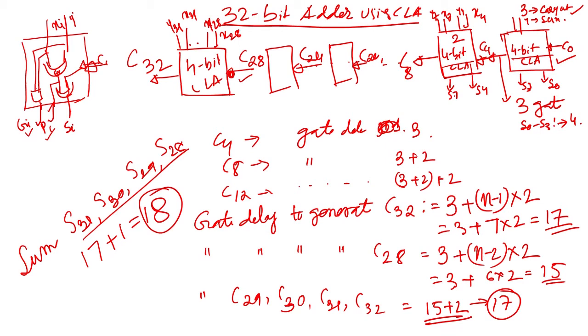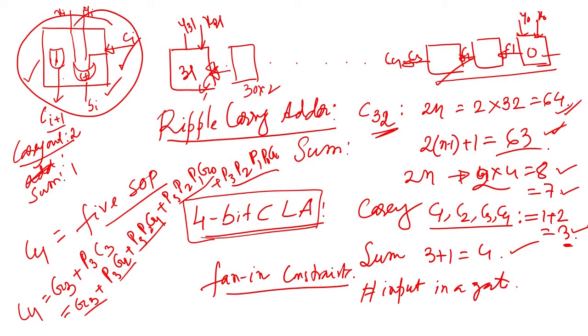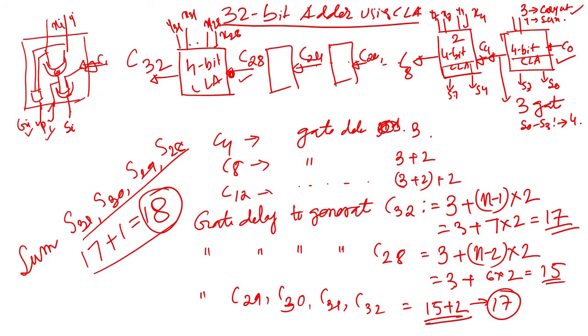Now, if you use the CLA ripple way, the number of gate delay for sum will be 18. Sum is taking 18, carry is taking 17.